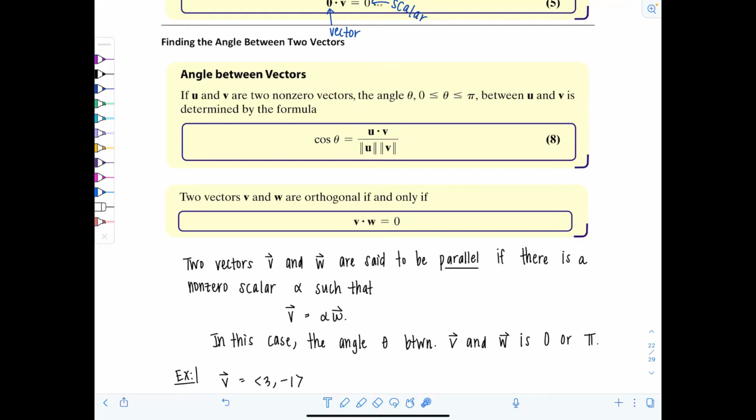The cosine of the angle between those two vectors would be 0. And we know that cosine is equal to 0 when theta is pi over 2, or 90 degrees. So when we say two vectors are orthogonal, that means they meet at a 90-degree angle. However, we have to be a little bit careful because notice here, this definition still holds for the 0 vector.